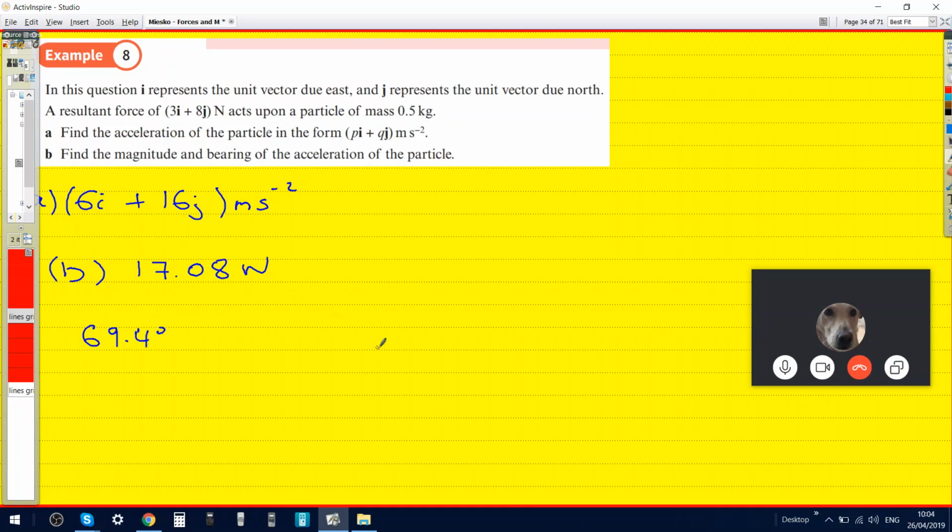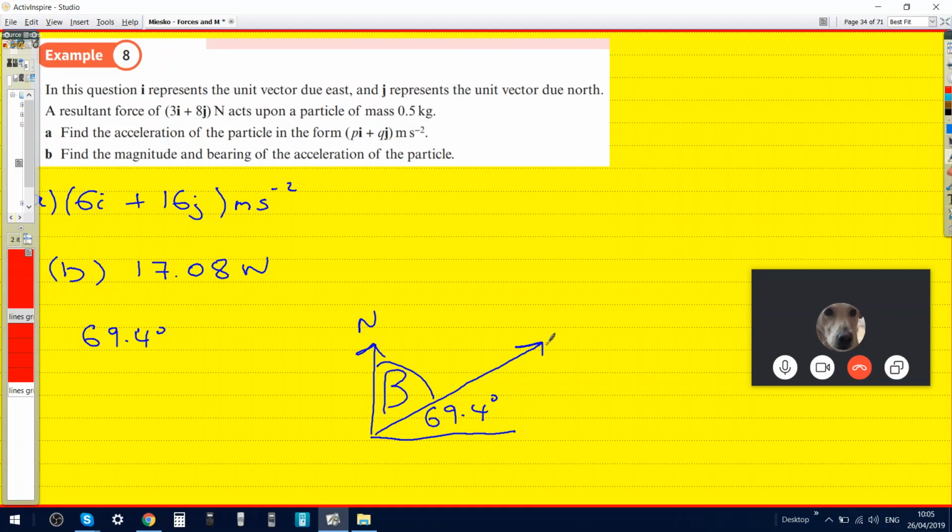So that would be the angle. Yeah, bearing would be... So what we just found would be this one, 69.4 degrees. And so I think they want this one.